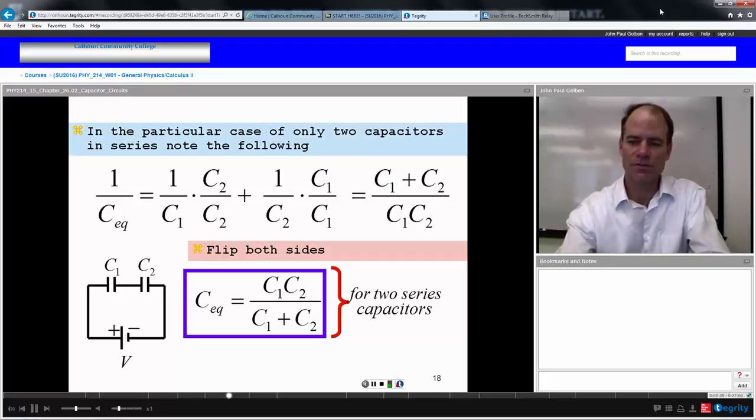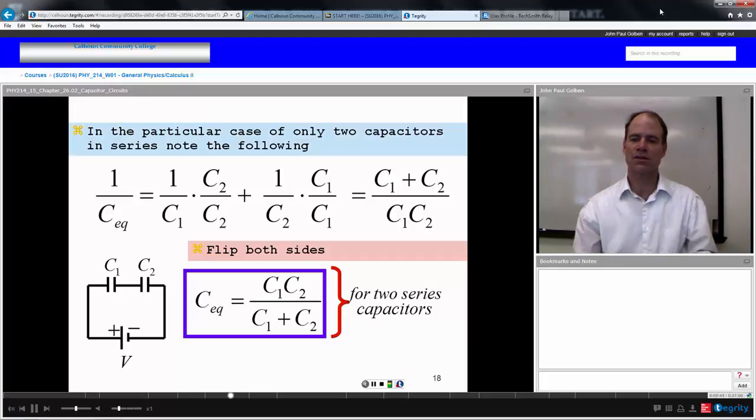I can do this for 2 capacitors in series, but you can't do it for 3. So it's not true that if you had 3 in series, it would be C1, C2, C3 over C1 plus C2 plus C3. That doesn't work. You can verify the math for yourself. So it only works for 2 capacitors in series. But if you had a bunch of capacitors in series, you could break them down 2 by 2 by 2 by 2.